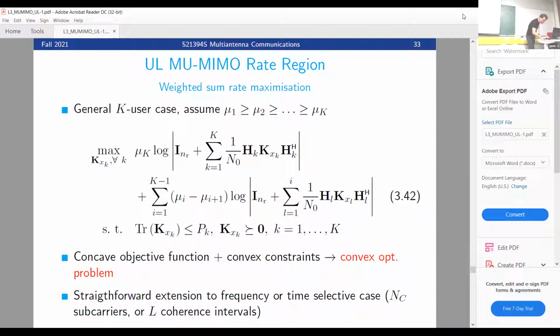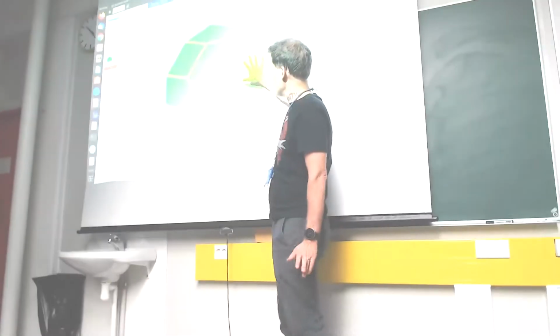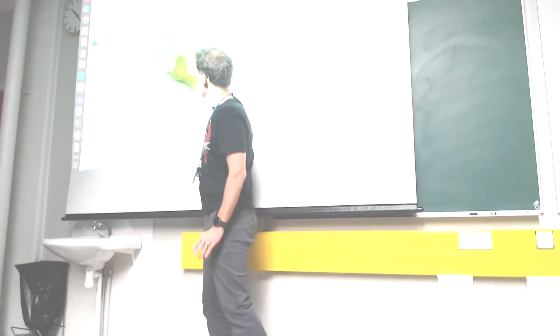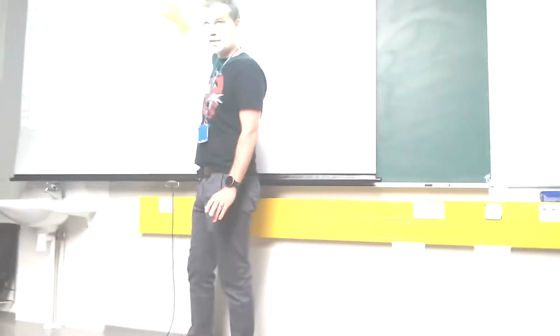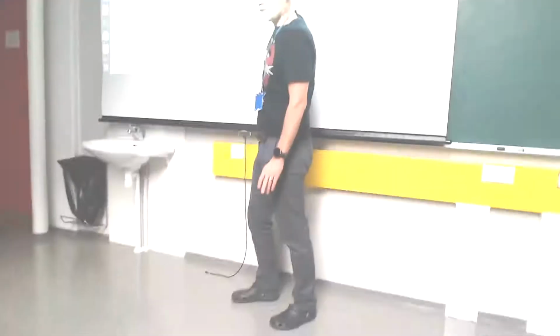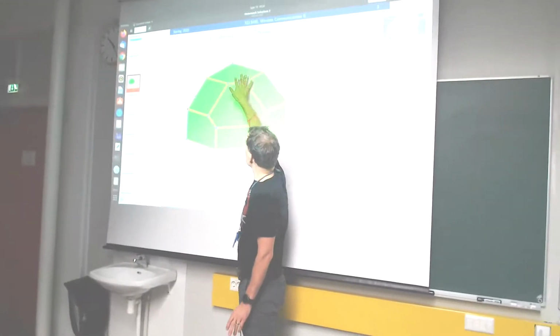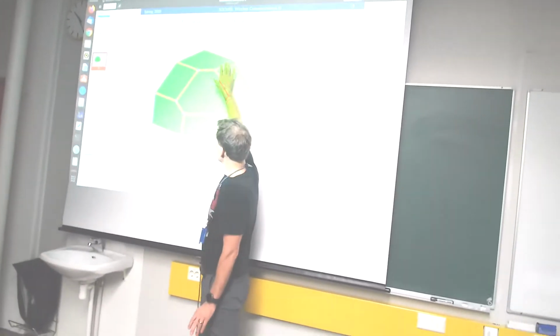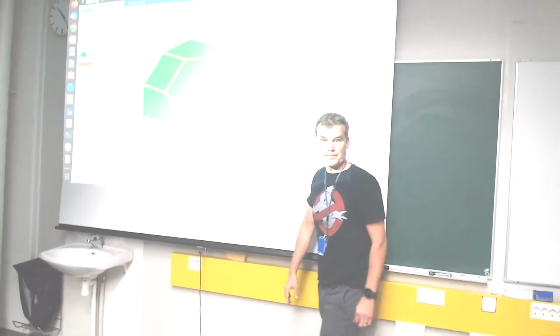You might recall that for the single-antenna AWGN case, it looks like this already. So for the multi-user case, it will have a similar shape: first the sum rate region, then some curved regions, and then flat regions below.